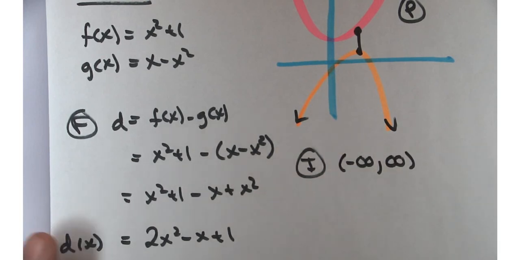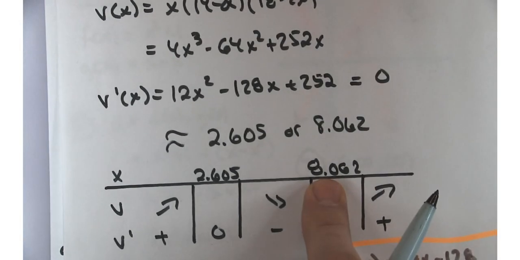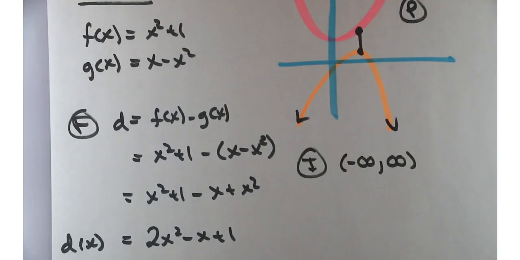It's everything. The importance for your interval is you don't want to be looking for critical points outside of your domain. Notice in the last one, we didn't play around with this one at all because that's outside our domain. We didn't have to. So do pay attention to your interval, please.